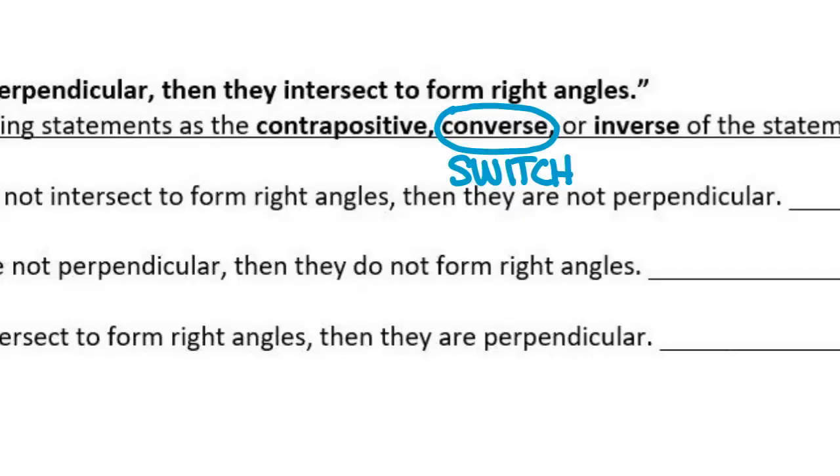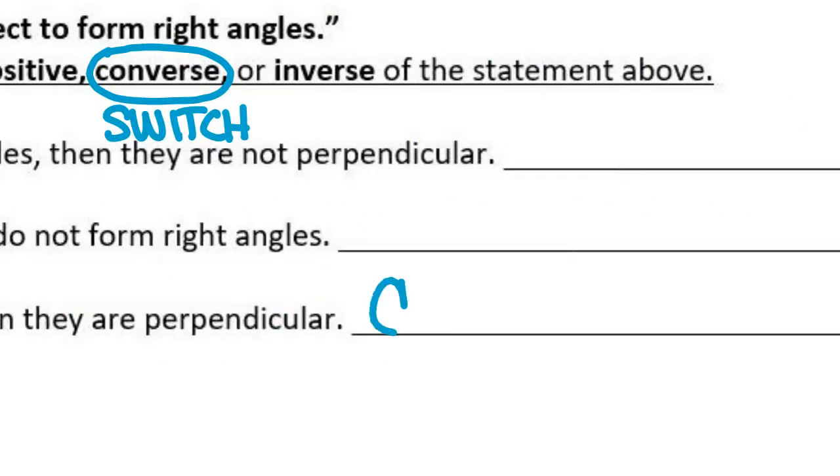Which one sounds like that? C. If 2 lines intersect to form right angles, then they are perpendicular. That's my converse. So again, I'm not going to read the sentences and pick out which one it is. I'm going to decide which one I'm going to go and find first.